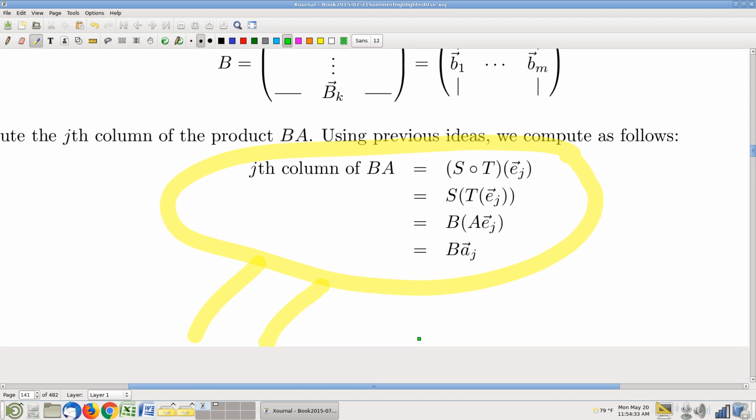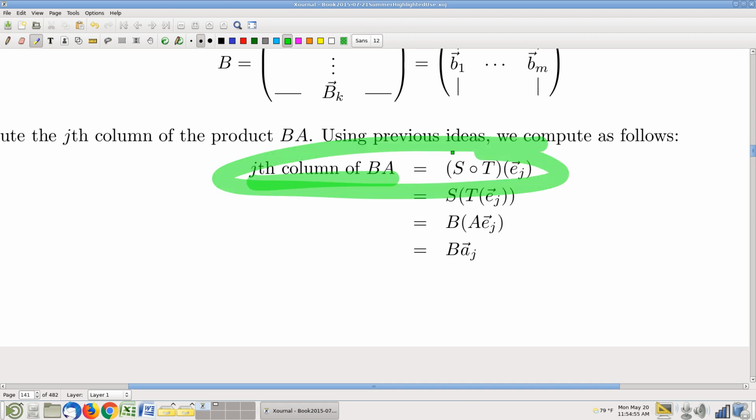And, well, here we go. This product, B times A, I'm going to compute it one column at a time. By the way, in case you're wondering, the reason we tend to focus on computing things by understanding the columns is because columns are a foot in the door. Columns are images of standard basis vectors, right? Understanding something by understanding its columns allows us to get a foot in the door into the algebra that allows us to actually get somewhere.